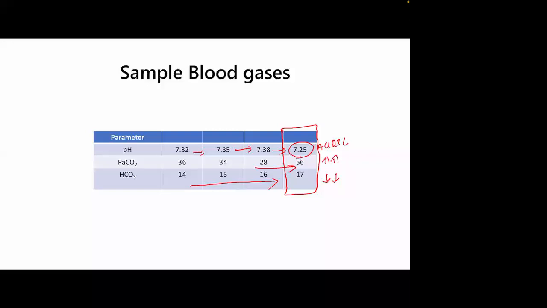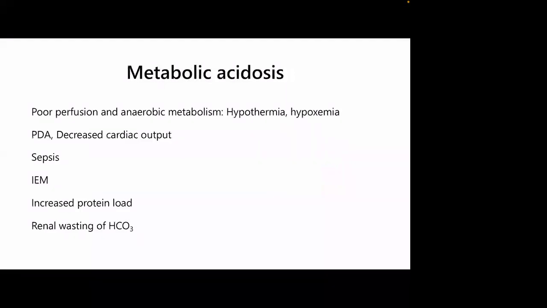So now, after discussing the blood gas analysis, we'll see what are the reasons or causes for metabolic derangements and how we will treat it. Metabolic acidosis can happen with poor perfusion and anaerobic metabolism, which will cause an increase in the lactate.